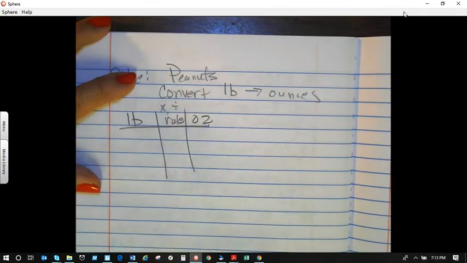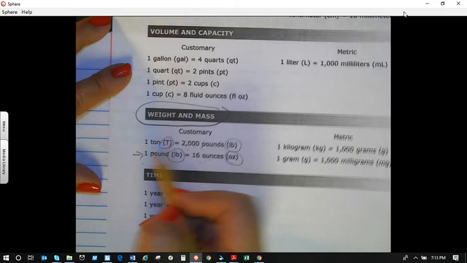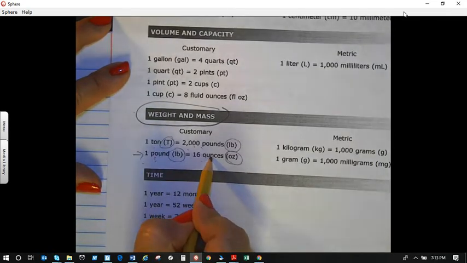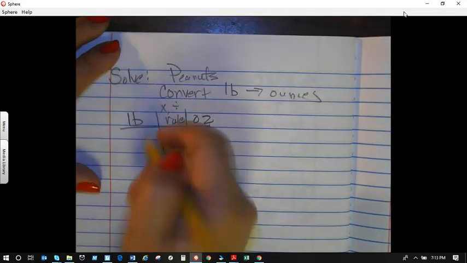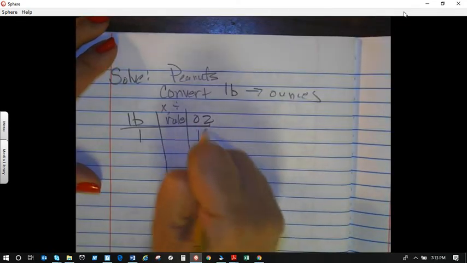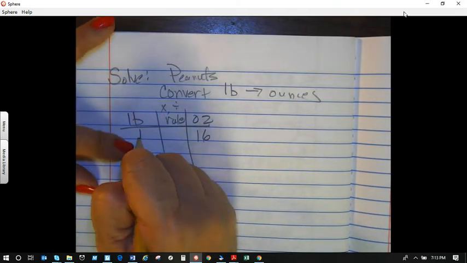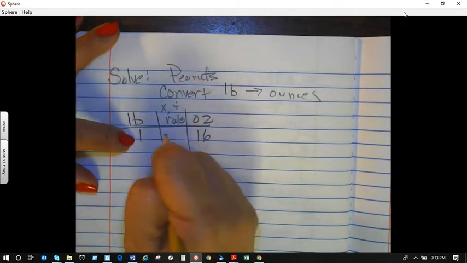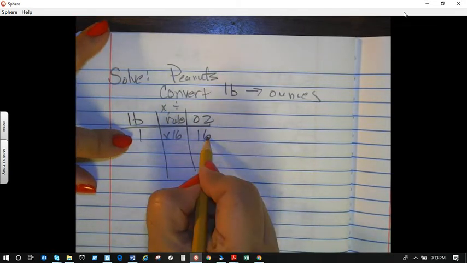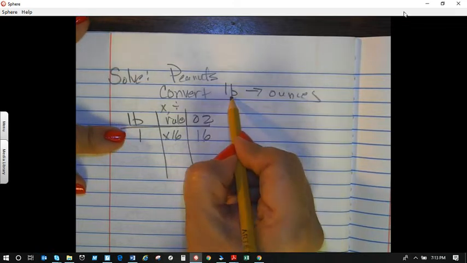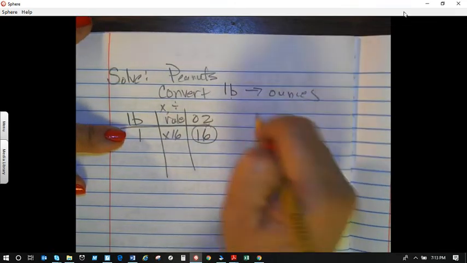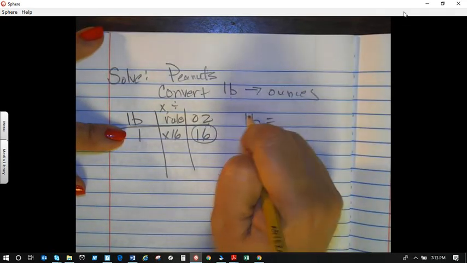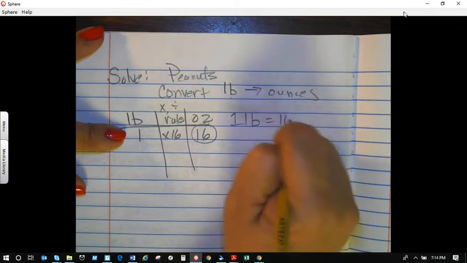Well, looking at my handy dandy paper, I have 1 pound is equal to 16 ounces. I multiply 1 times 16 will equal 16. Well, that's all I bought. So I know that 1 pound is equal to 16 ounces.